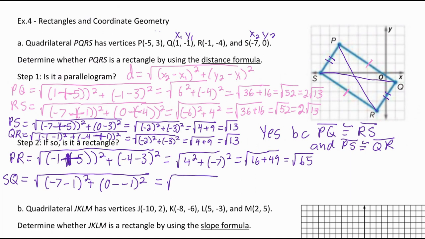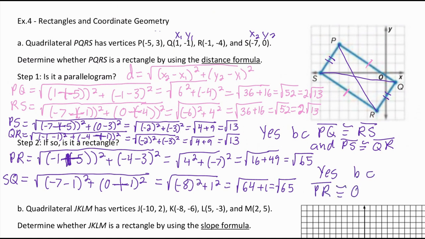So negative 7 minus 1 is going to give me negative 8 squared. And again, this double negative will go positive, so I'll get plus 1 squared. What is negative 8 squared? 64. And what is 1 squared? 1. So are these congruent? Yes. And so is it a rectangle? Yes, because we can say PR is congruent to QS, or the diagonals are congruent, or something like that.